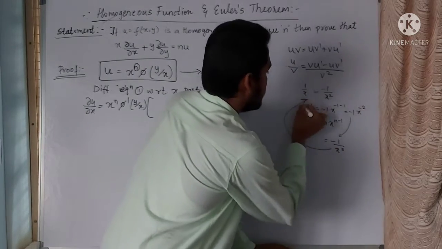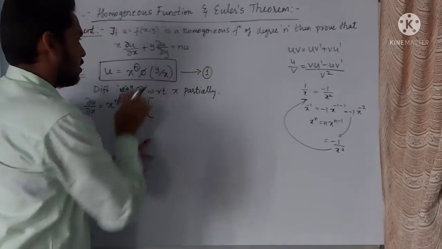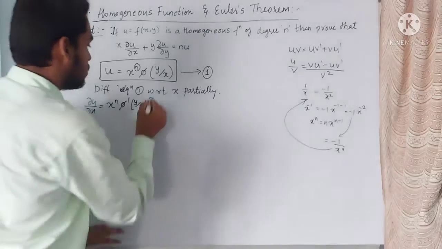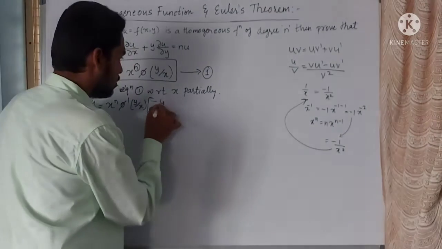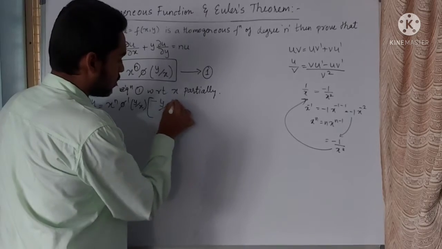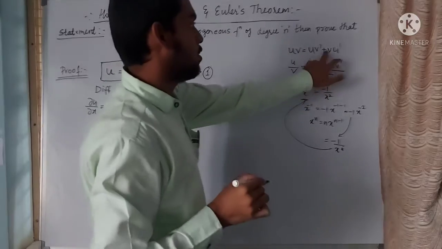So we are going to get the same result. Now for the internal differentiation, y is kept as constant, so I am not going to do anything with y. So minus y times 1 by x is minus 1 by x square. So this is how you are going to differentiate. Plus, here I wrote plus.